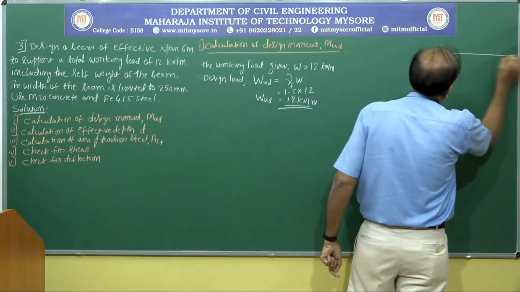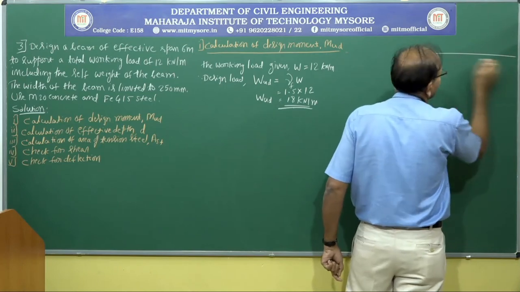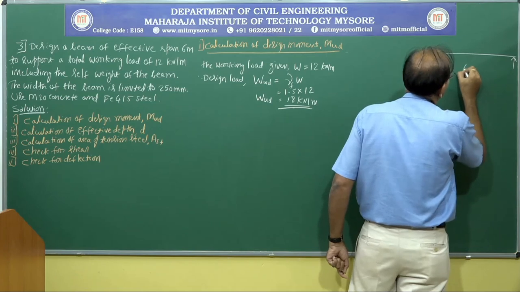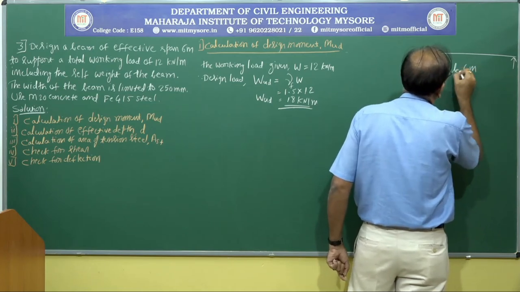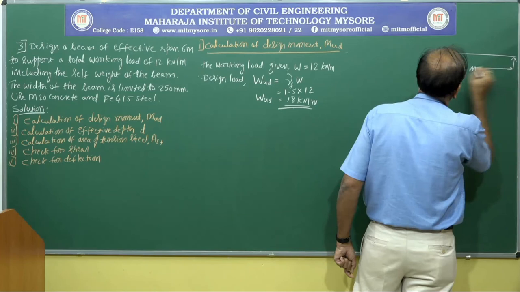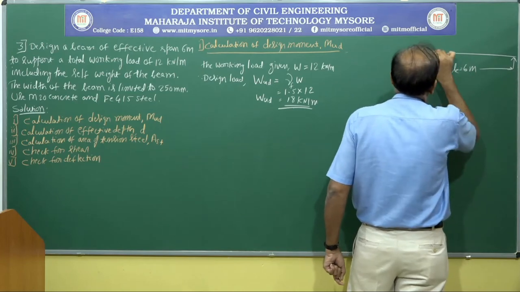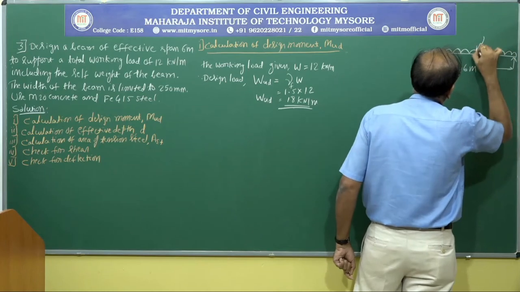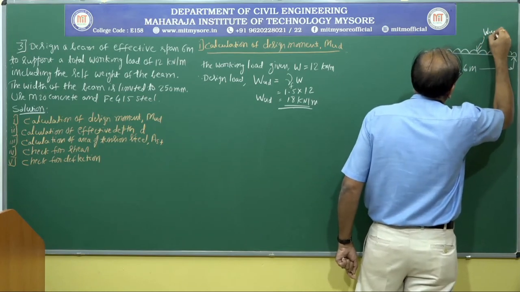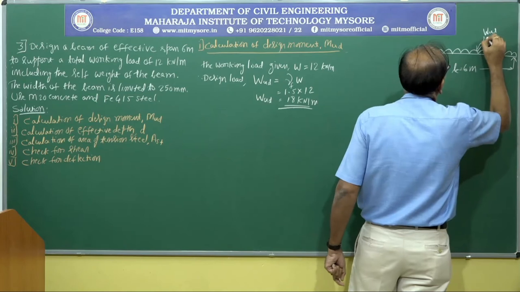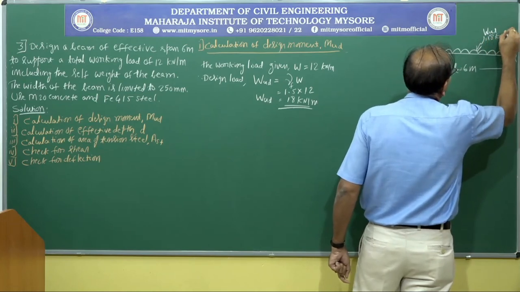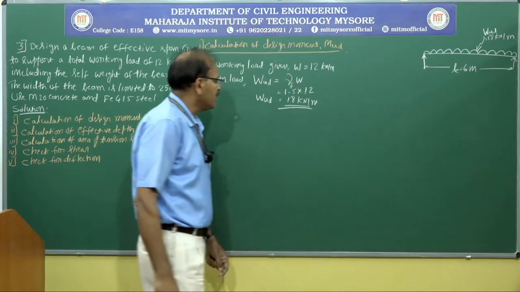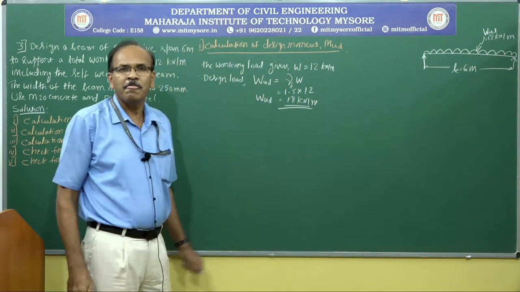So if I take the beam of effective span 6 meter, I am going to call this as L suffix E, and the design load is WUD equal to 18 kilonewton per meter.